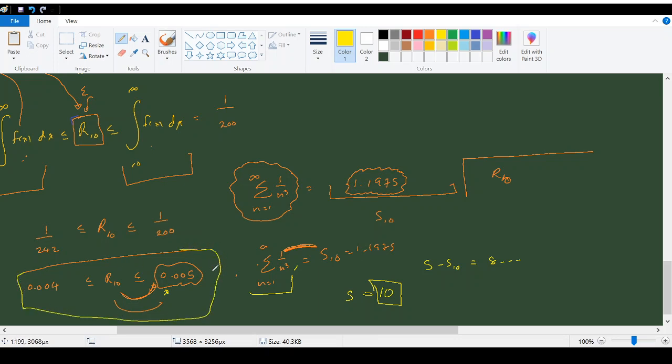Although we cannot find the actual answer, we can find a specific region for this answer to occur.